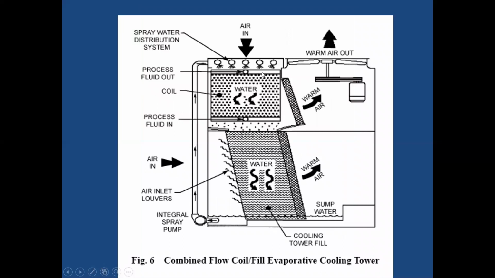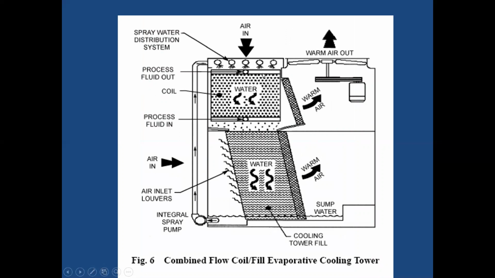So this is the combined flow coil and fill type. This is one arrangement, where the combined flow coil is there, and the fill material is also there. In this particular arrangement, this is the process fluid coming from the condenser. It is made to flow through this particular pipeline.